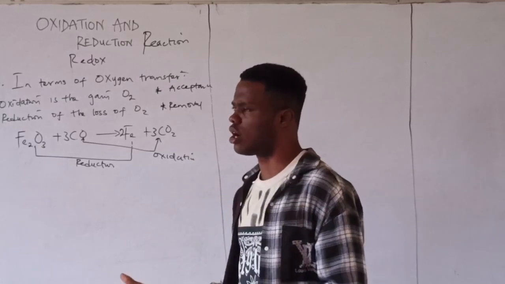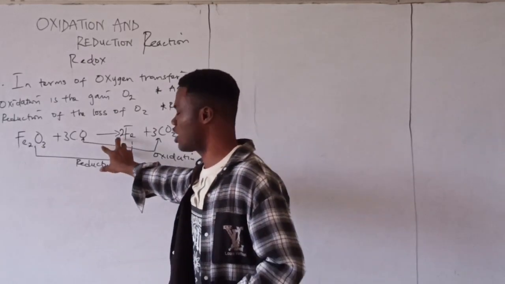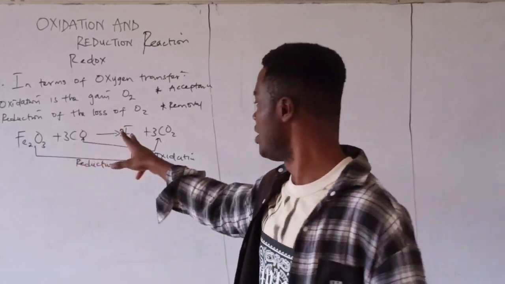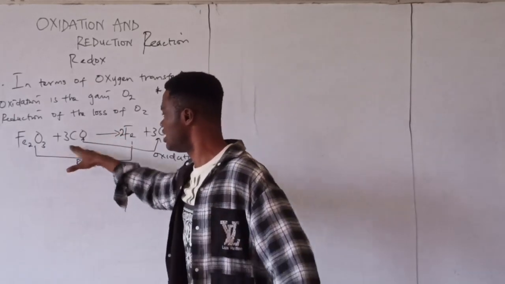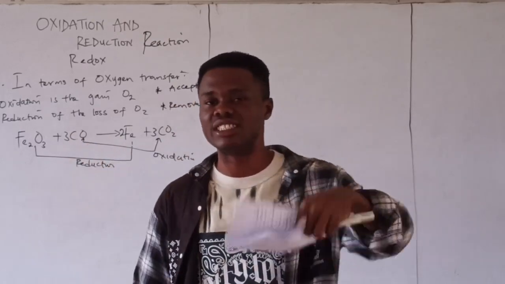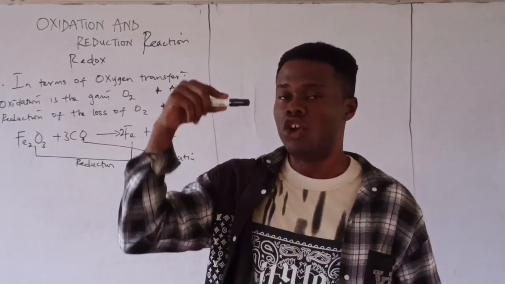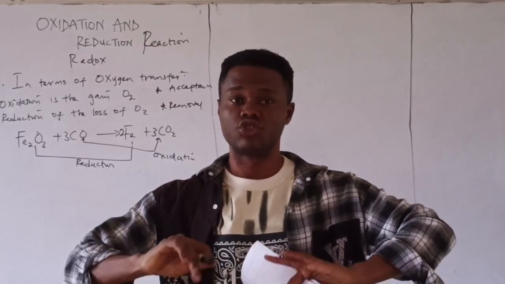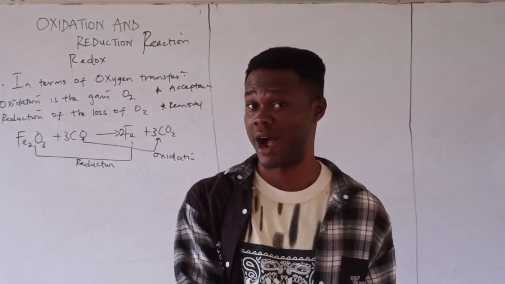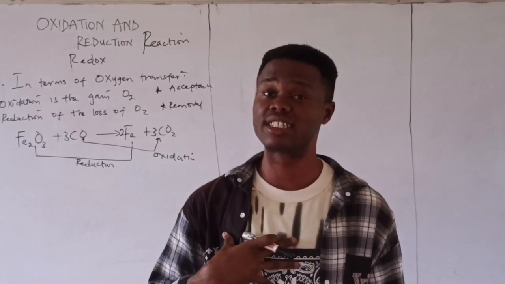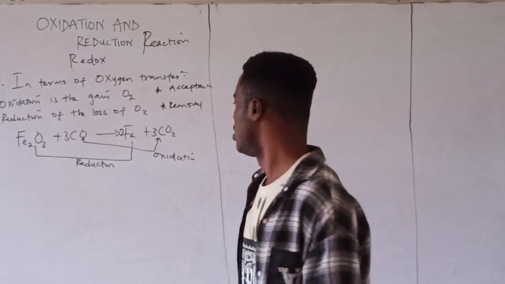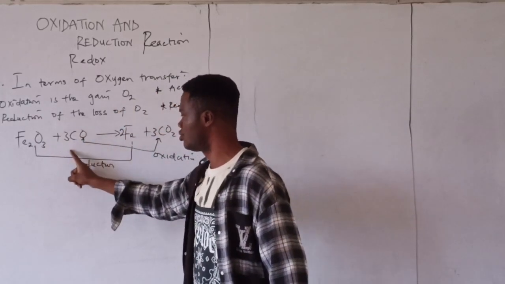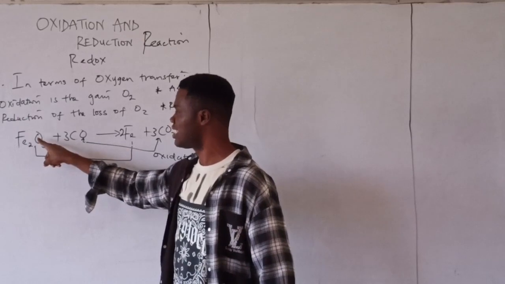So according to this reaction, if you want to know what the reducing agent is, it is the compound that has reduced another compound or substance, but itself got oxidized.